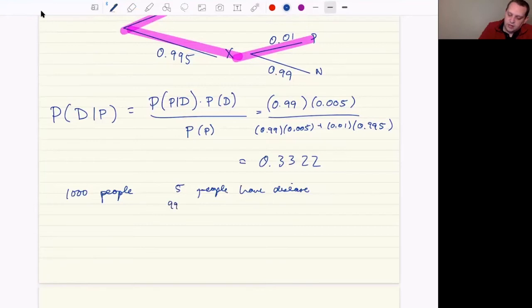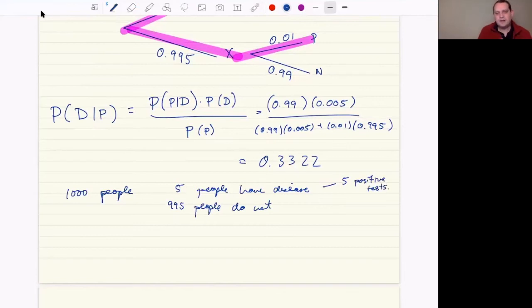So 995 people do not have the disease. Now, of the 5 people with the disease, 99% of them, in other words, 5, are going to have a positive result for the test. So there's going to be 5 positive tests.